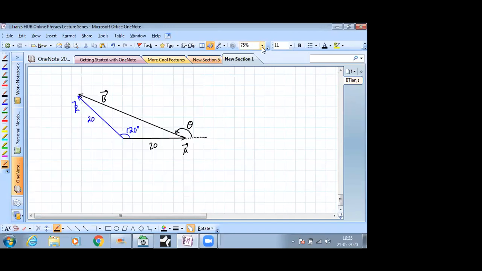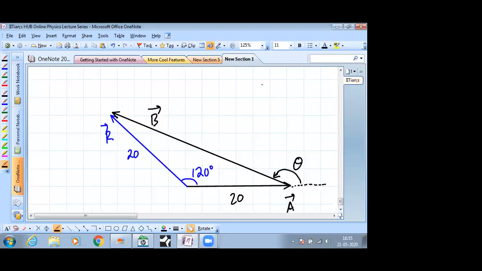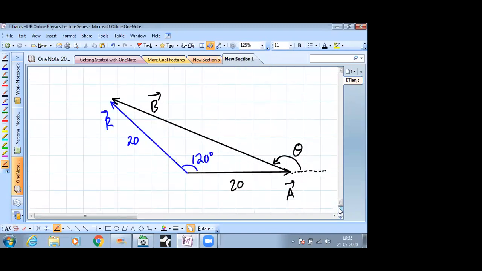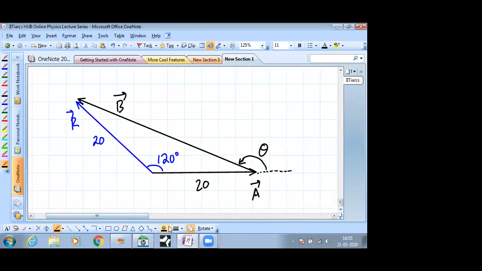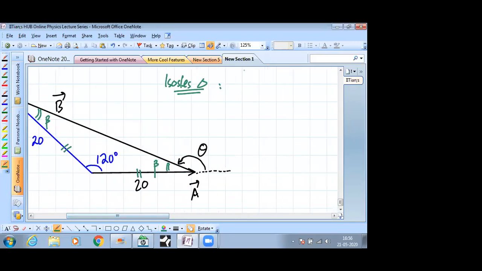In this diagram, because this side is equal to this side, they are 20, whatever this angle is will have to become equal to this angle. So let's say this angle is some beta. This angle is also equal to beta. That's the first thing. It's making use of the fact that it's an isosceles triangle, so angles opposite to equal sides are also equal.